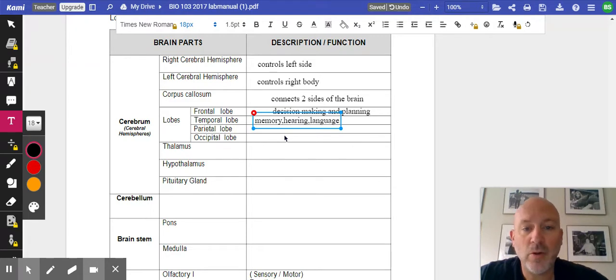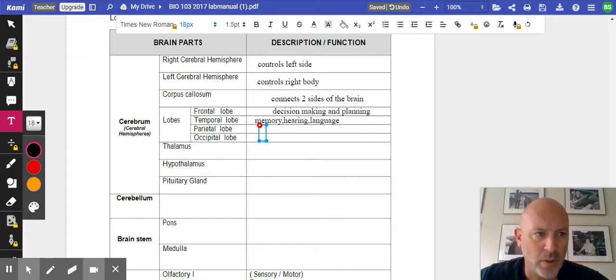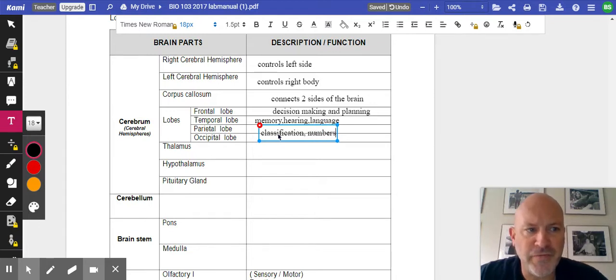The parietal lobes. Classification. Knowledge of numbers, spelling, things like that.